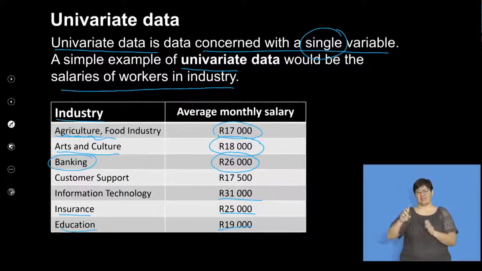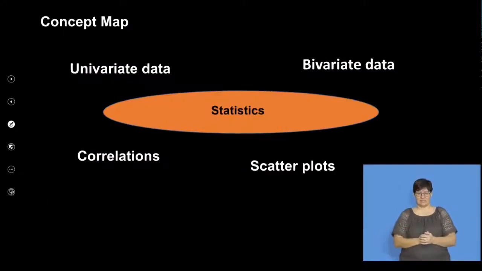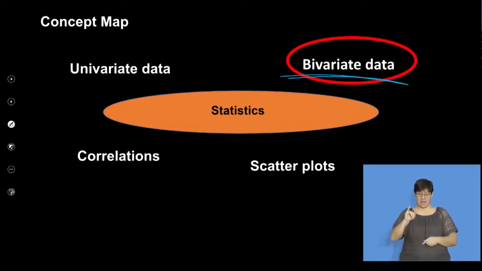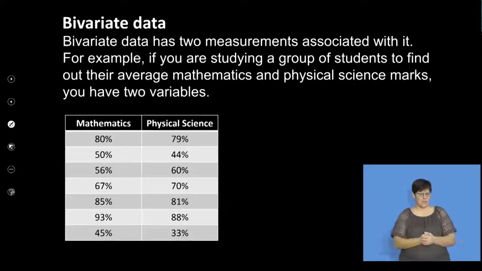Then what about bivariate data? Bivariate data will differ from our univariate data. How does it differ? Bivariate data has two measurements associated with it.